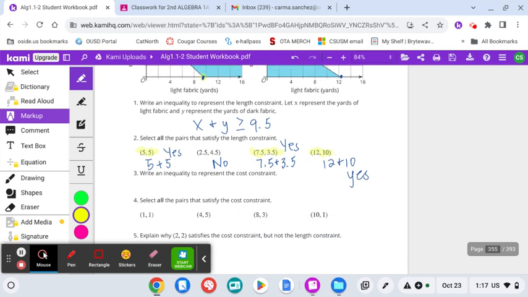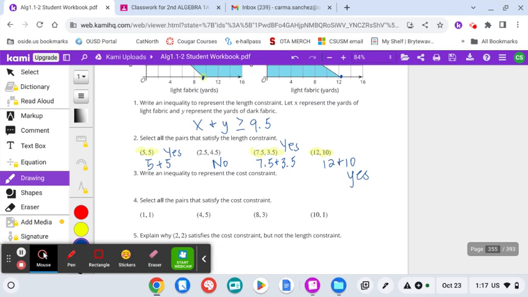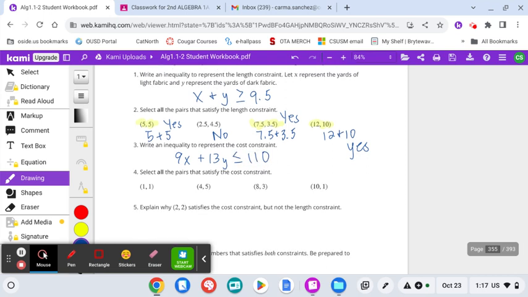Next, write the other inequality. Are all these pairs satisfying the constraint?